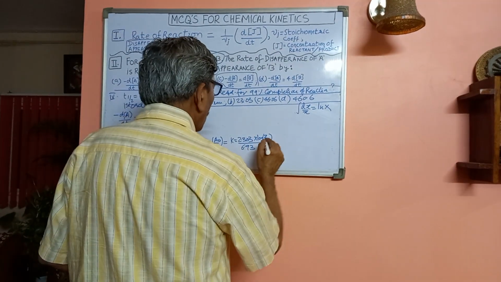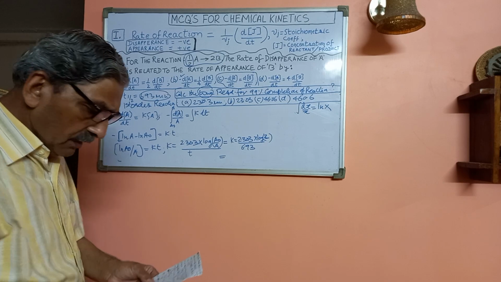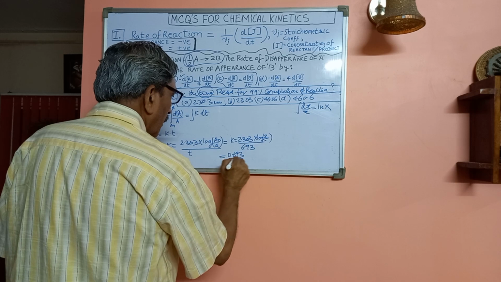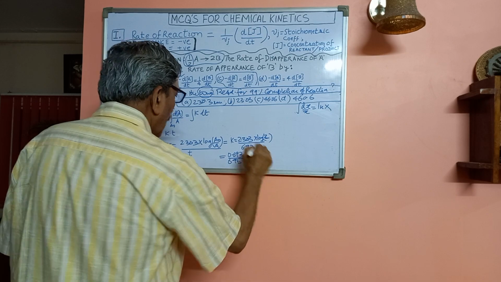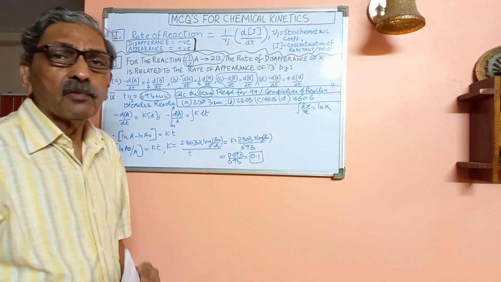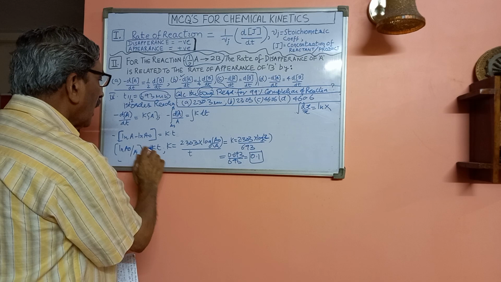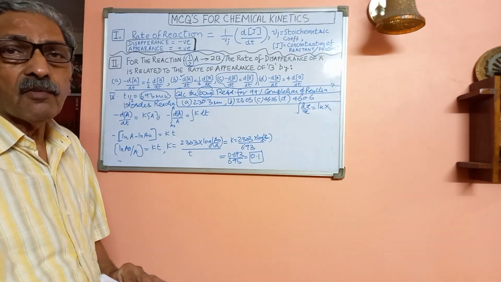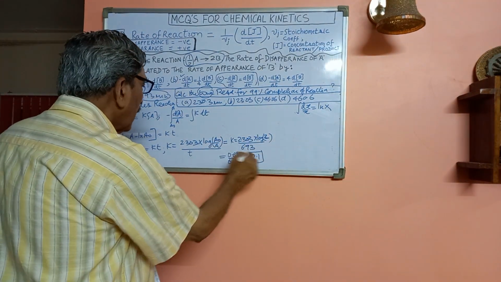When you put in this value, it turns out to be 0.693 by 6.93, equal to 0.1. So as a first step you have evaluated the rate constant of this first order reaction given the T half value, and at T half the initial concentration becomes half, so it is A0 by A0 by 2, log 2, and simply K is 0.1.